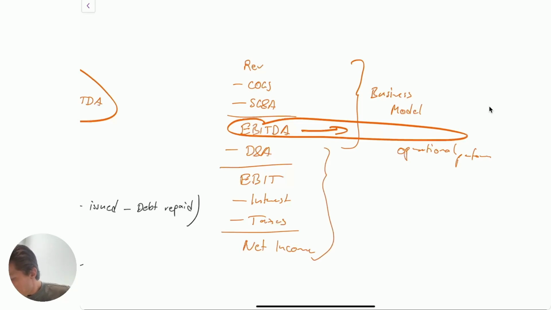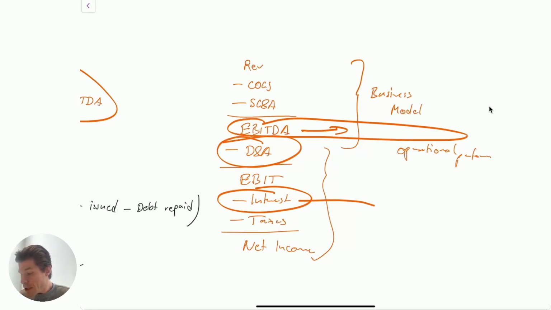Everything below here has something to do with accounting structures, depends on your depreciation method. Is it straight line? Depends on which assets you expense, which you capitalize. It has something to do with your capital structure and so on, and tax impact. So here there are some accounting measures and principles involved that makes it really hard to compare, and second, a company would have a certain chance to manipulate or to change certain numbers.